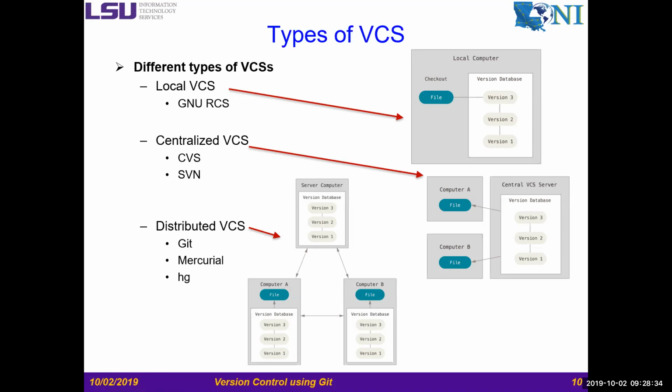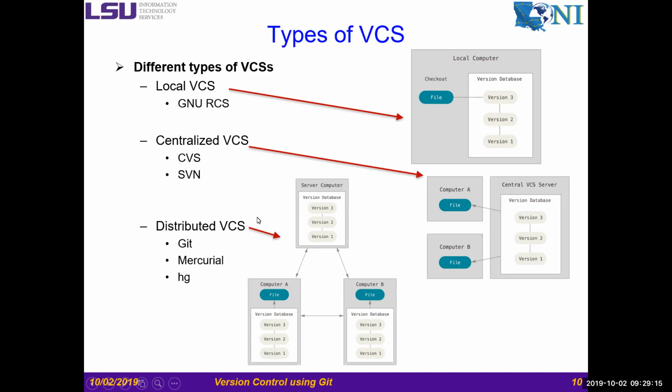So even if the centralized server fails, as long as you have your local repository, you can still recover all changes. Even if you don't have internet, you can still work with the version control system. You can still commit, and when you're internet ready, you can push changes and pull changes and communicate with the other entities working in the same group. So that's the major difference between the localized, centralized, and distributed version control systems.